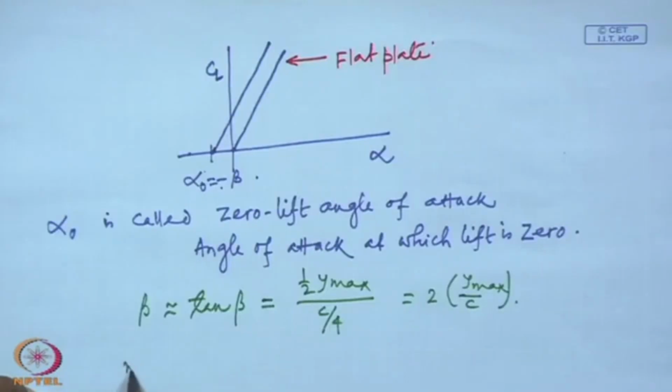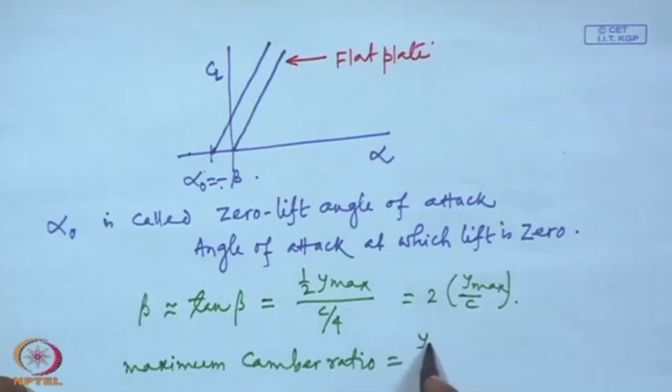So, that is the implication of beta, the maximum camber ratio.